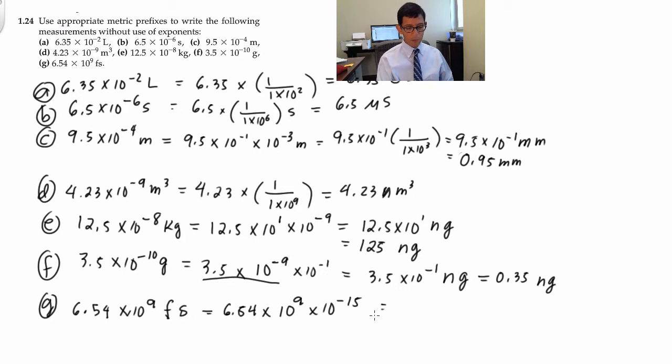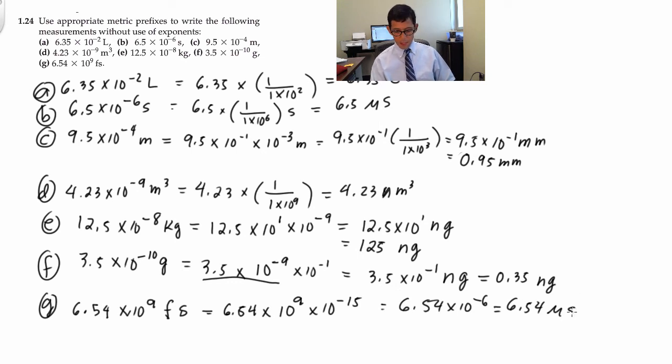So this would be 6.54 times 10 to the negative 6, because minus 15 plus 9 is minus 6. And what is times 10 to the negative 6? That will be micro. Yep, so this is 6.54 microseconds. Okay.